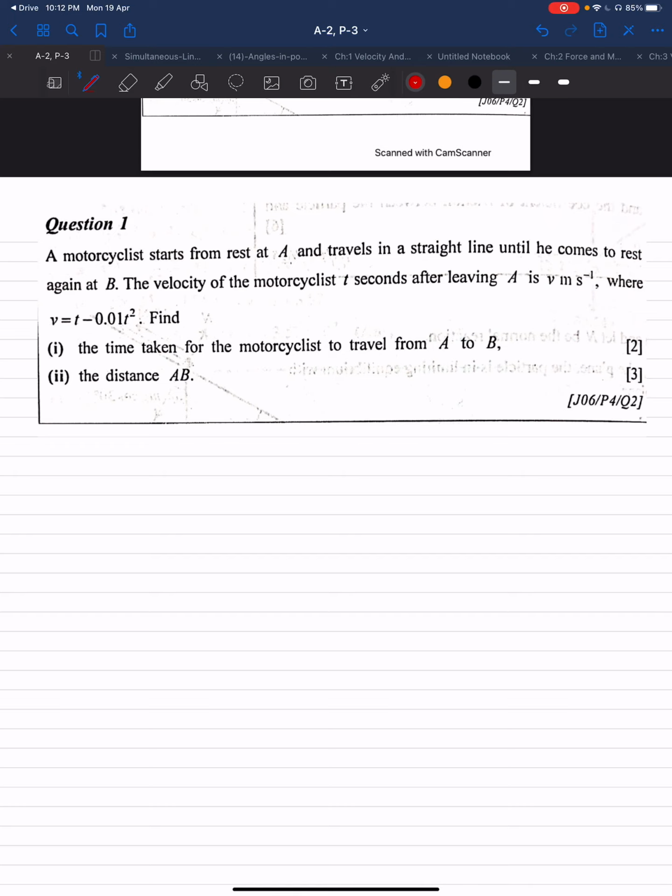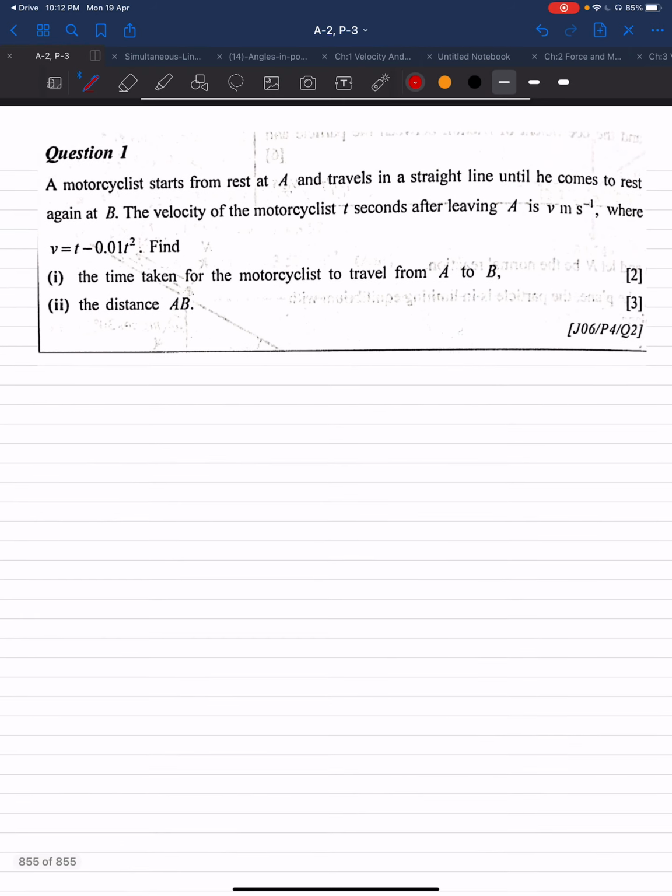Question number one: a motorcyclist starts from rest at A and travels in a straight line until he comes to rest again at B. So we highlight this: started at rest and becomes at rest at B.